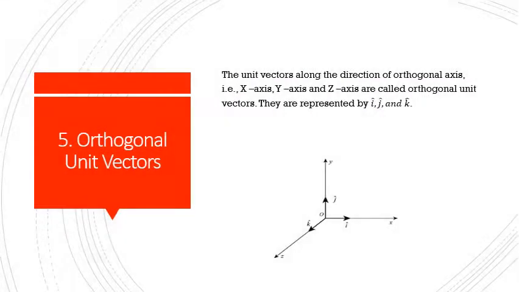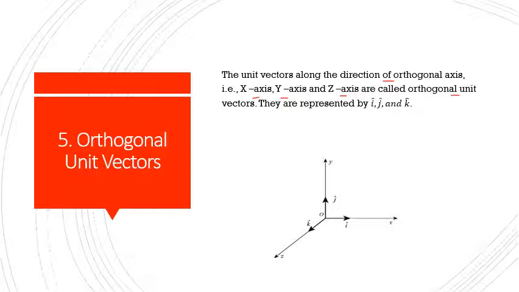Fifth type is orthogonal vectors. The unit vectors along the direction of the orthogonal axes, that is the x-axis, y-axis and z-axis, are called orthogonal unit vectors. They are represented by i cap, j cap and k cap.